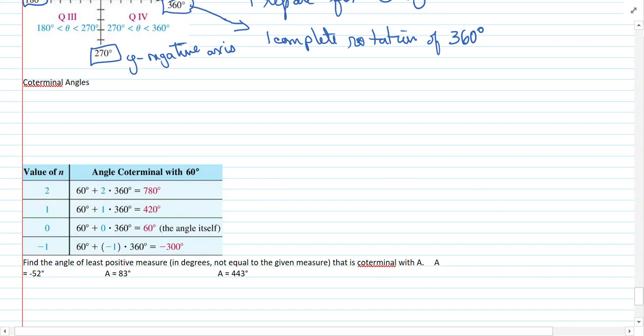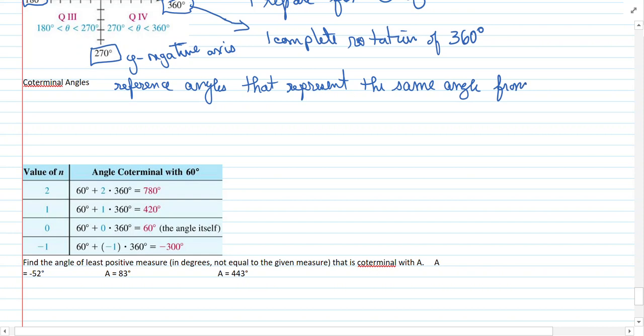And coterminal angles are references. So we have to discuss that, and what the coterminal angles are: angles that represent the same angle from a different direction.